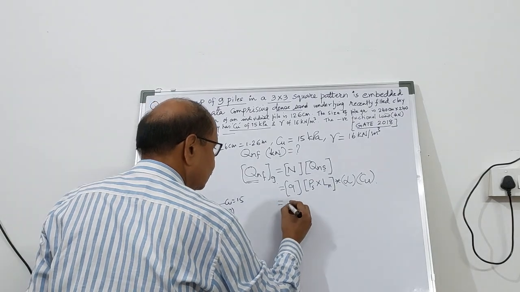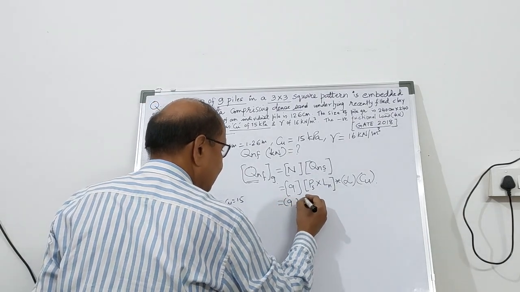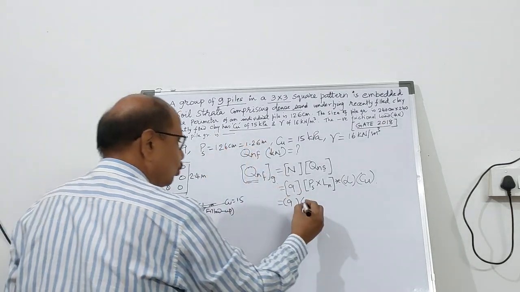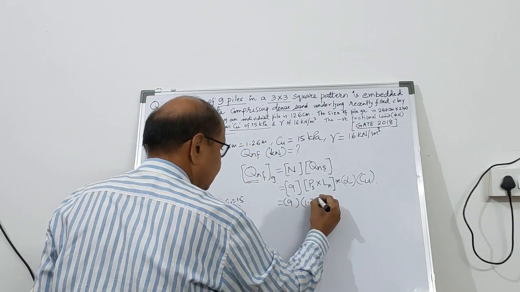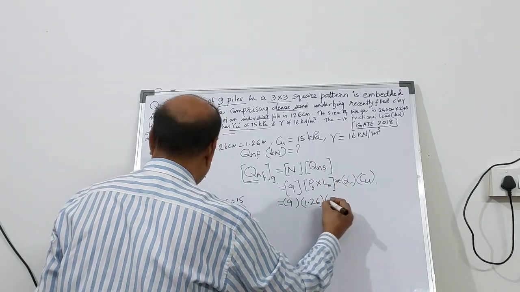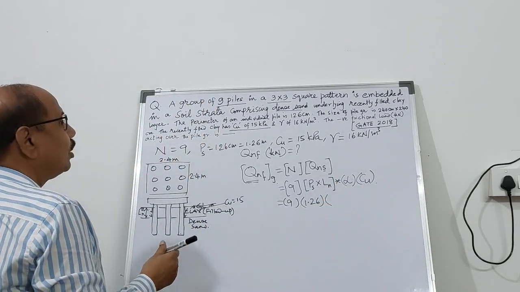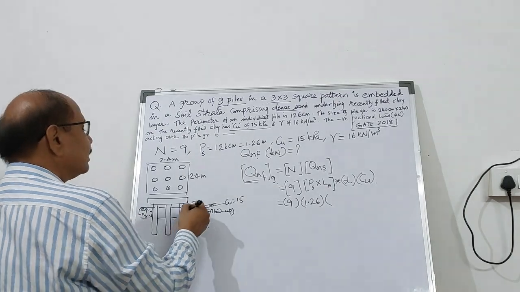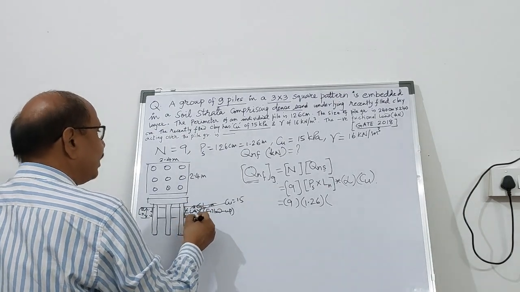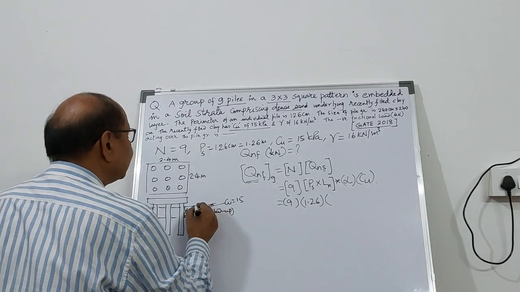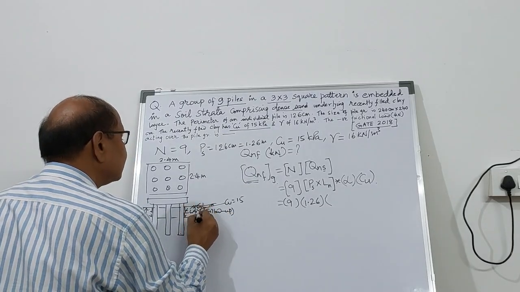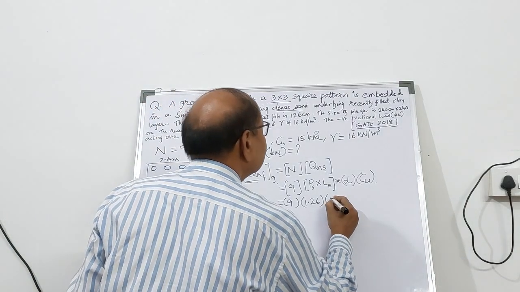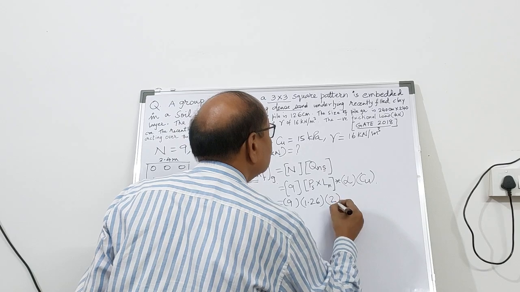So now there are going to be 9 piles, and the value of P is 1.26 meter, and the length of the filled up ground is given in this problem as 2 meter. So Ln is known to you as 2 meter.